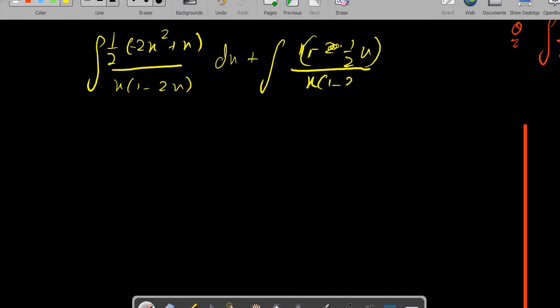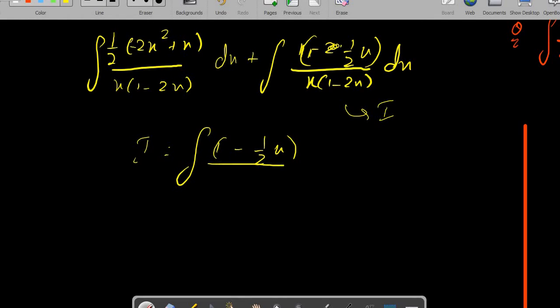I hope there's no doubt till this point, so you can consider this one as I, and you can solve this first. So I is equal to the integral of (1 minus 1 by 2x) divided by x into (1 minus 2x) dx. Again you can see that you can solve this as a partial fraction.